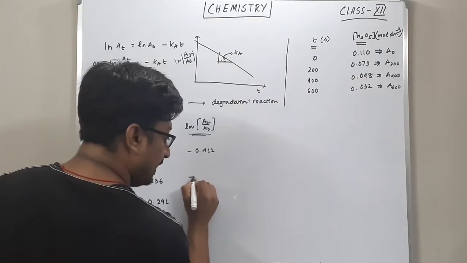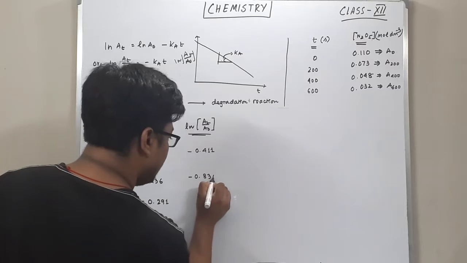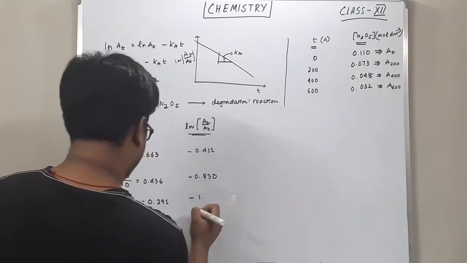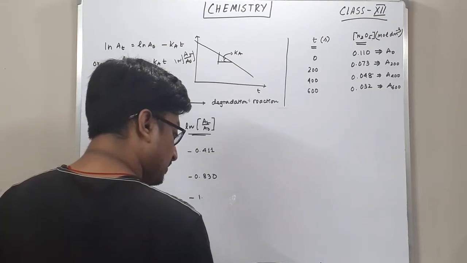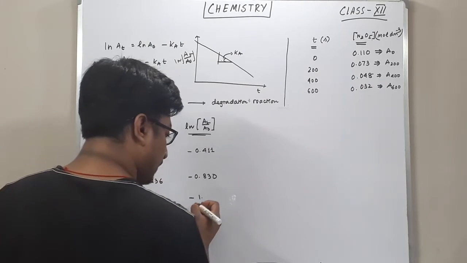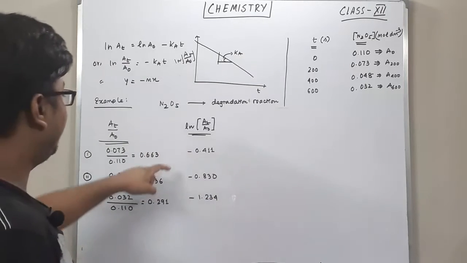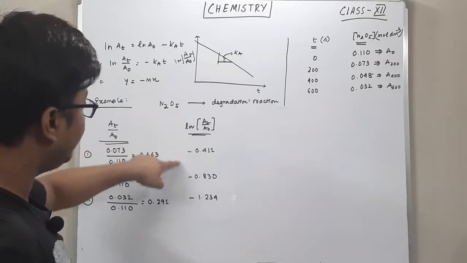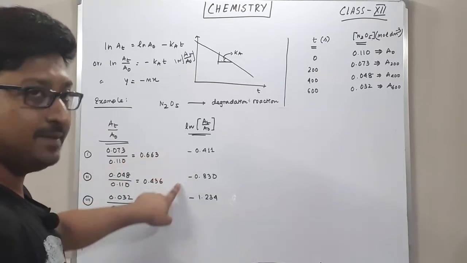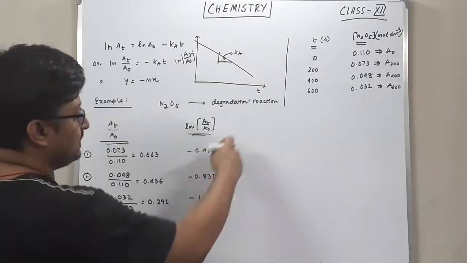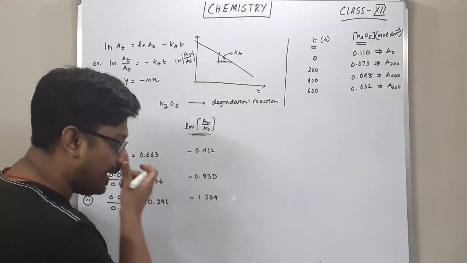This will give you minus 0.830, and this will give you minus 1.234. Now you can see easily that the data is basically decreasing towards more negative values. That means what we are doing is correct.